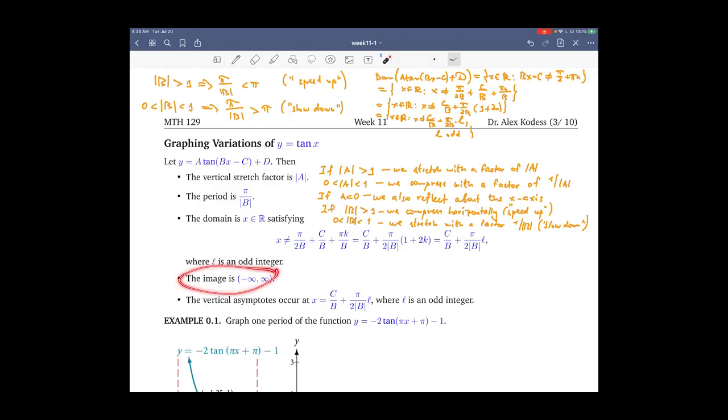The image is still the entire real line. Vertical asymptotes are numbers of this form, c over b plus pi over 2b times L.